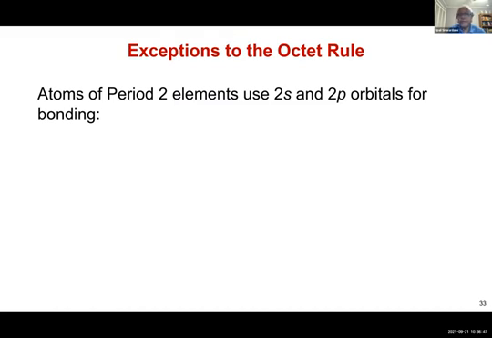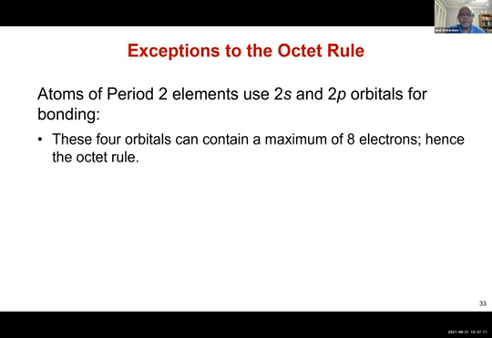Period 2 elements, starting from lithium, beryllium, boron, carbon, nitrogen, oxygen, fluorine, fill up the 2s and 2p orbitals. The bonding for period 2 main group elements normally follows the octet rule.